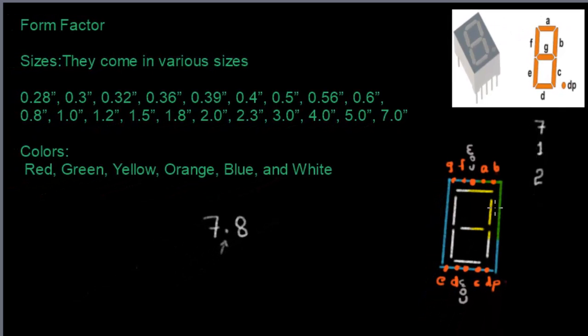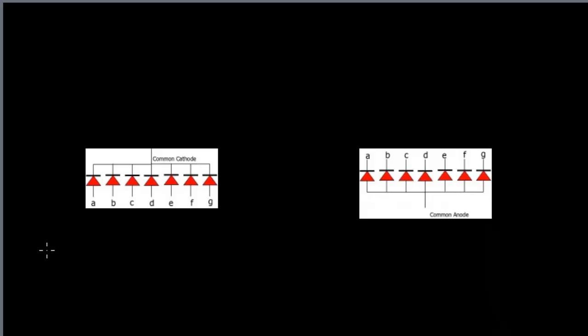And basically 7 segments come in 2 packages. One is called the common anode and the other is called the common cathode, as you could see here. Now the common cathode or the common anode, these actually are 2 pins on the package, and we need to limit the current that flows, so we need to place a resistor in between these pins whenever we interface it with a microcontroller.